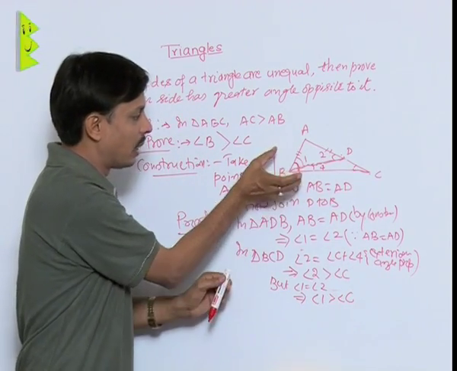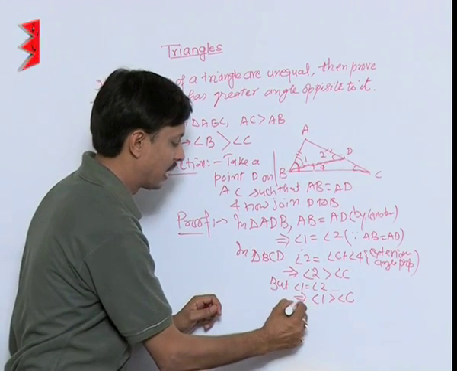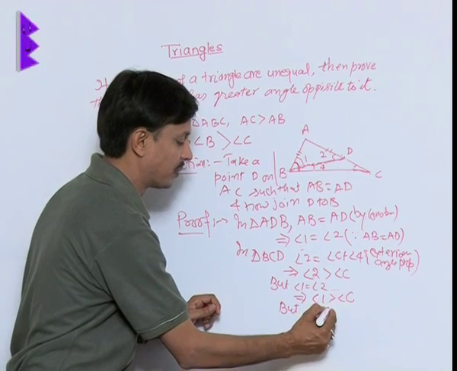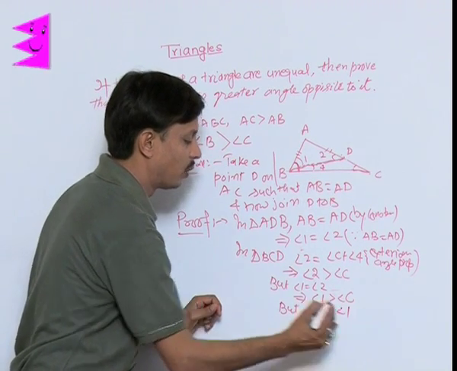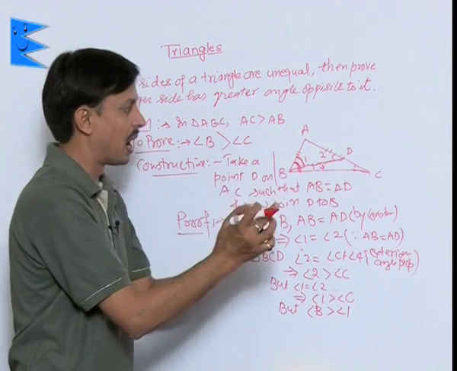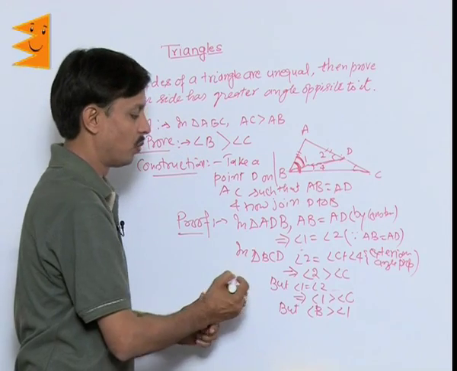But angle 1 is a part of angle B. So I can say angle B alone is greater than angle 1. Angle B is the entire angle, 1 is its part. So definitely angle B is greater than angle 1.